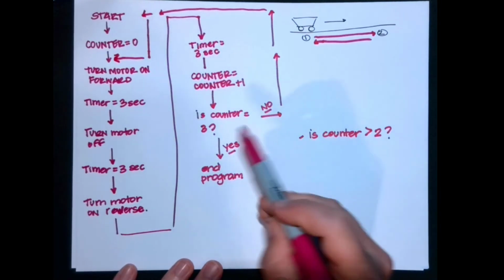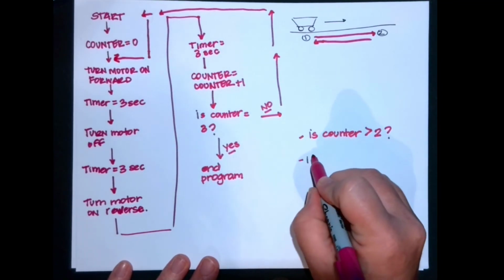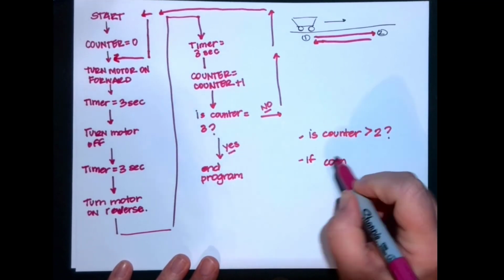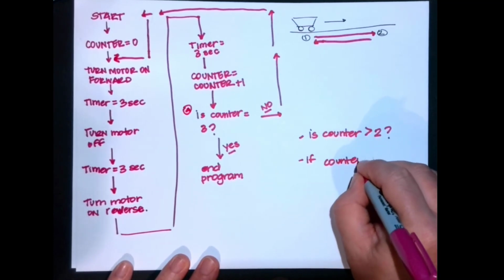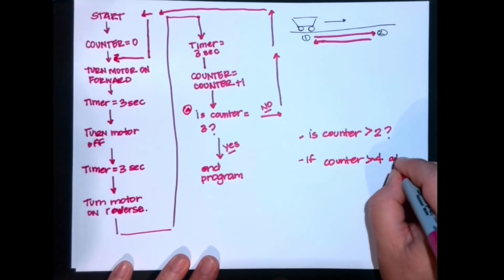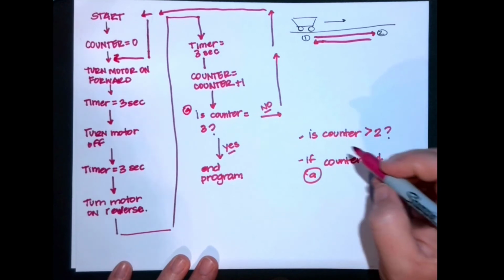How many times, if I said here, is counter greater than 4, at A, if I said that, what would that mean? How many times would it run?